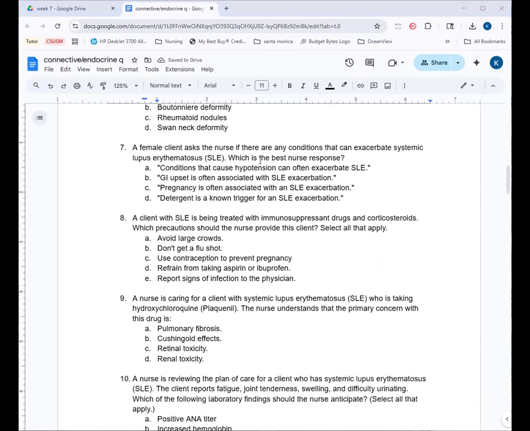Number 7 now. So a female client asked the nurse if there are any conditions that can exacerbate systemic lupus, SLE. Which is the best nurse response? Why do they gotta make so many big words?